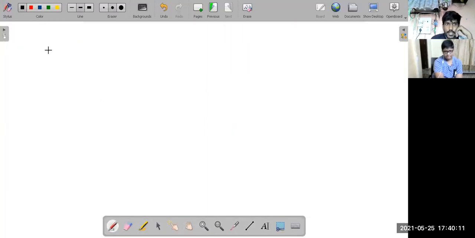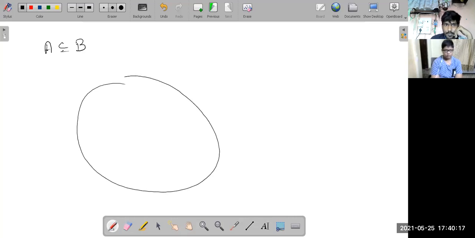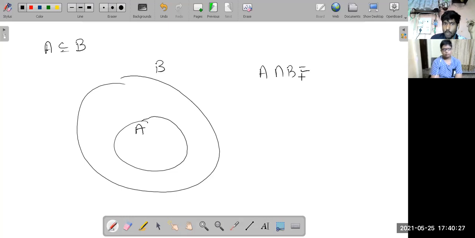See, look at this. A is a subset of B. That means this is B and A is inside it. Now, intersection, A intersection B, that means common. Which is common in both?